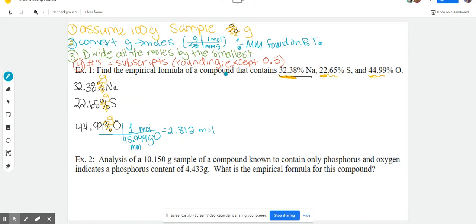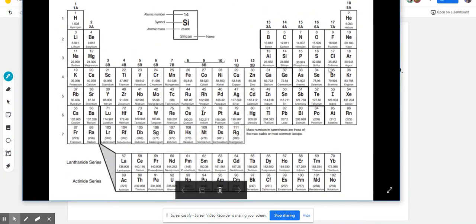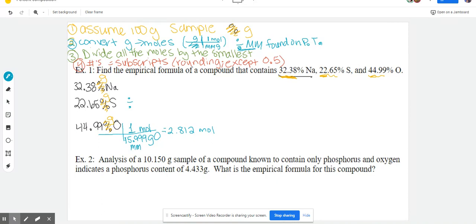That's our answer, right? Okay, so for the rest of these, I'll do the shortcut, which is just divide by the molar mass found on the periodic table. For this one, we have 22.65 grams of sulfur. We're going to divide that by the molar mass of sulfur, which is 32.066. Again, I'm just saving some room here. This is the molar mass.